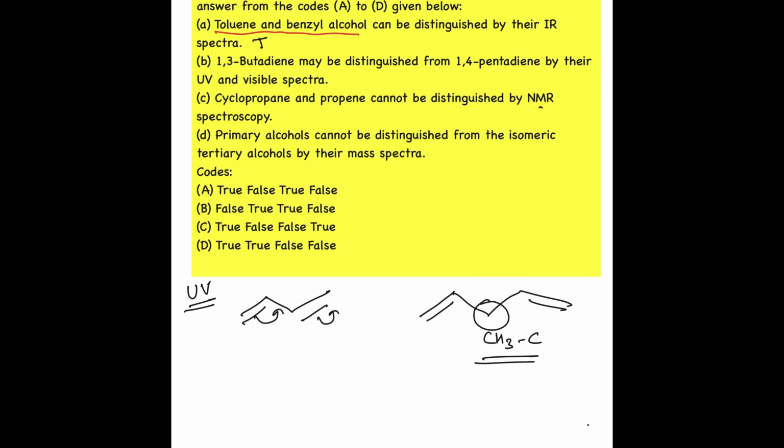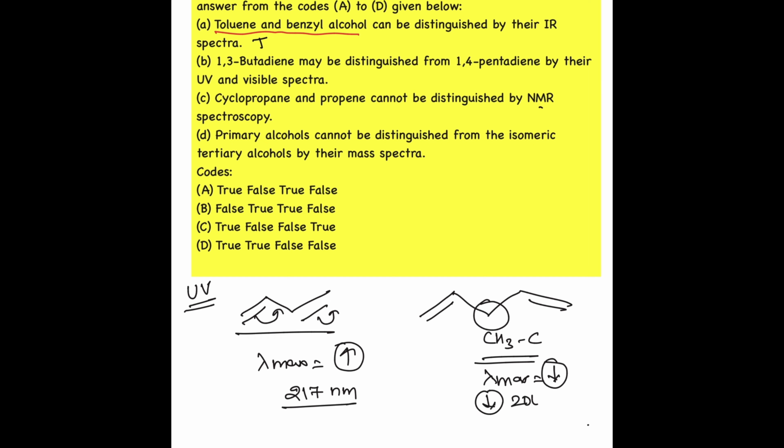So in the first one, lambda max will be higher, and in the second one, lambda max will be lower. You can take reference values: 217 nanometer, and less than 200 nanometers. So again this statement is true.